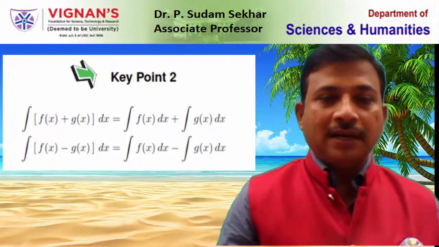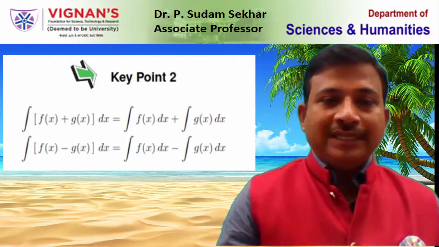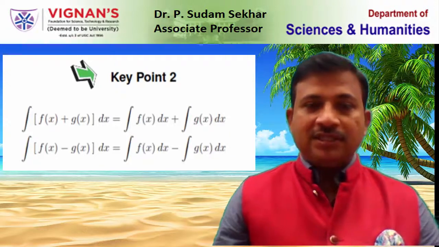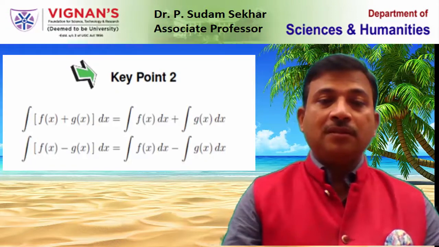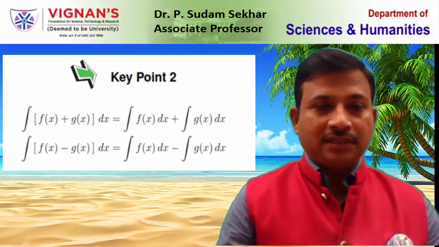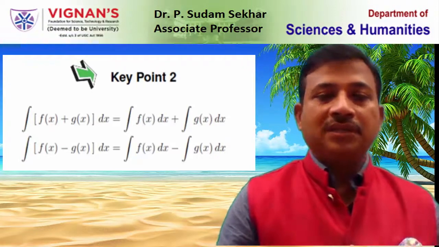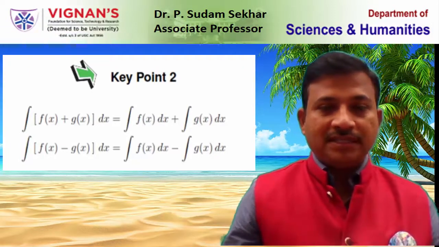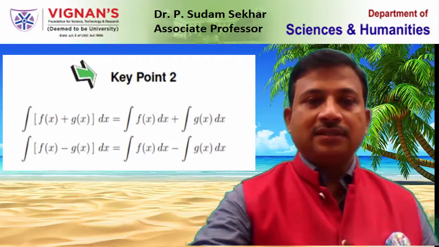Similarly, in some other rules, integration of f of x plus g of x dx can be written as integration of f of x dx plus integration of g of x dx. Integration of f of x minus g of x dx is nothing but integration of f of x dx minus integration of g of x dx.